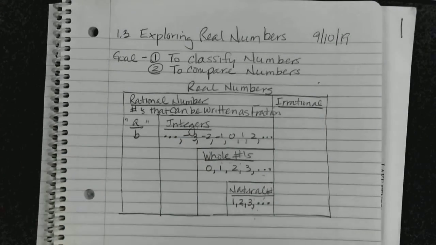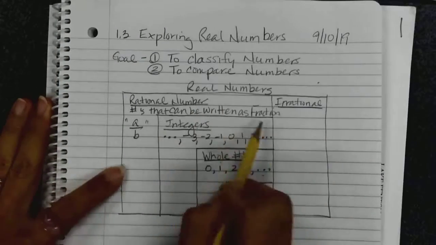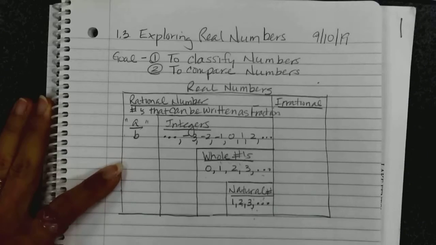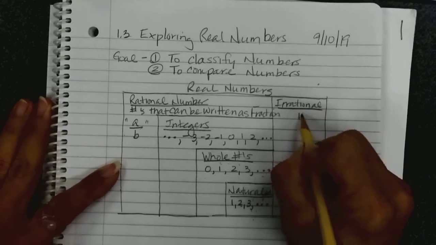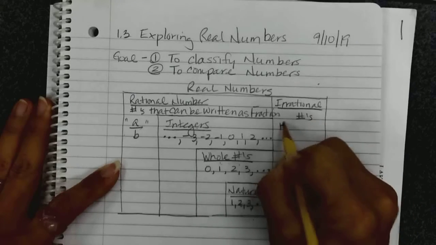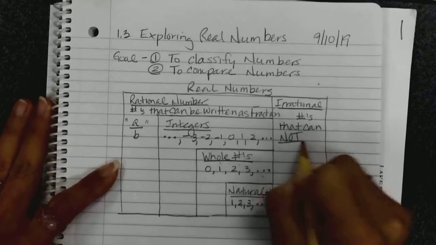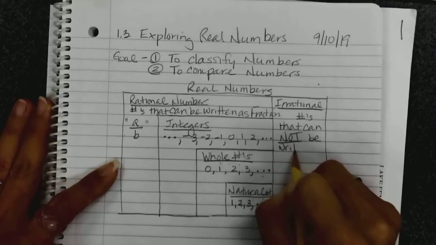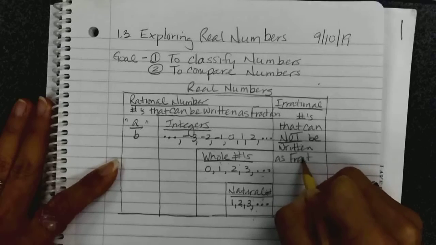Any number that can be written as a fraction is called a rational number. So if rational numbers are numbers that can be written as fractions, what do you think irrational is? Numbers that can't. Irrational numbers are numbers that cannot be written as fractions.